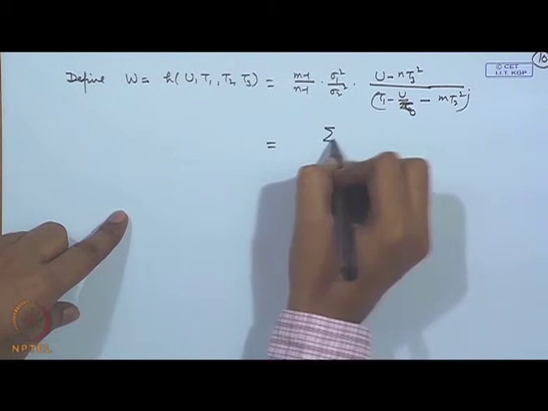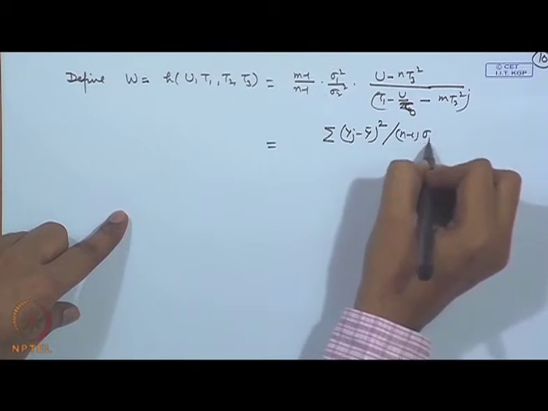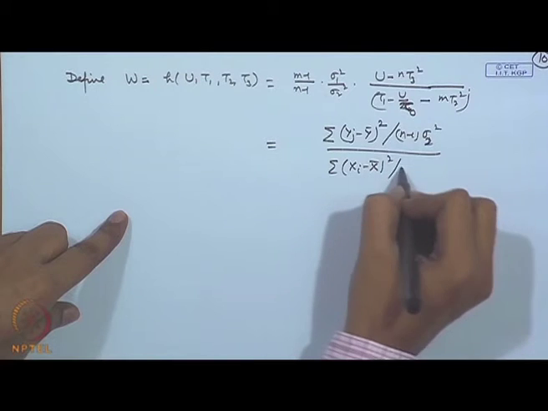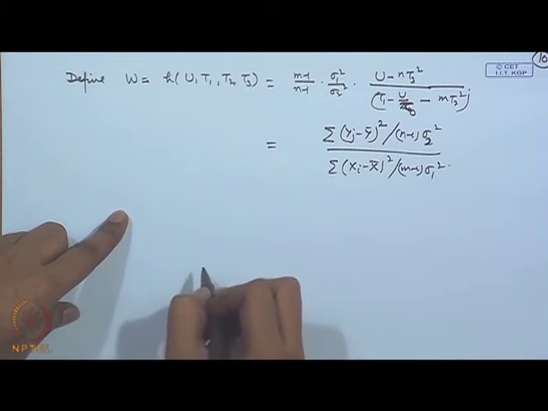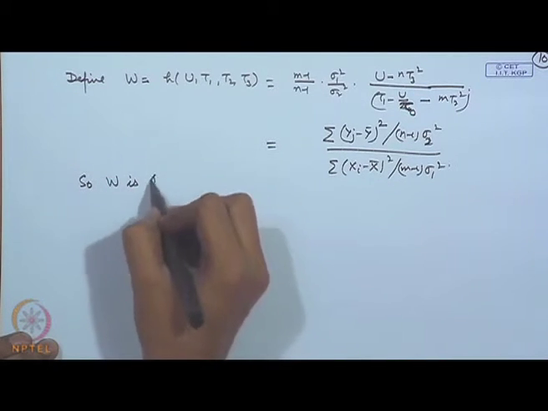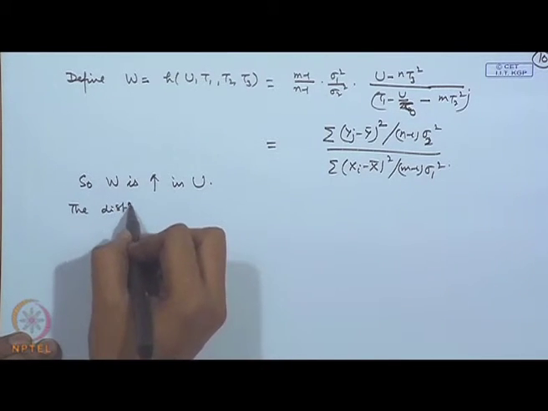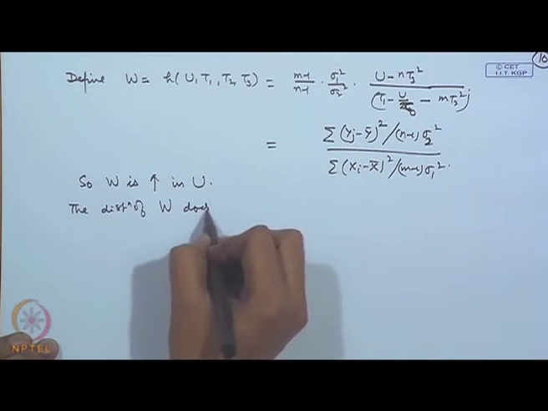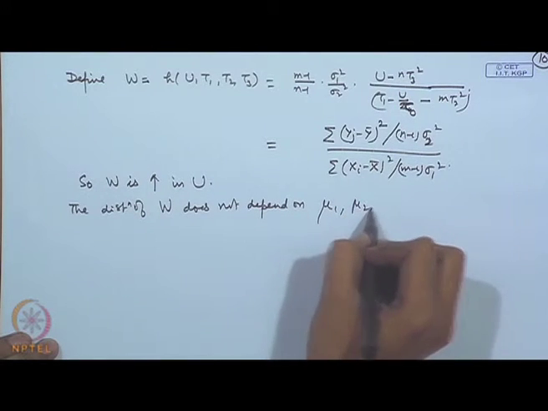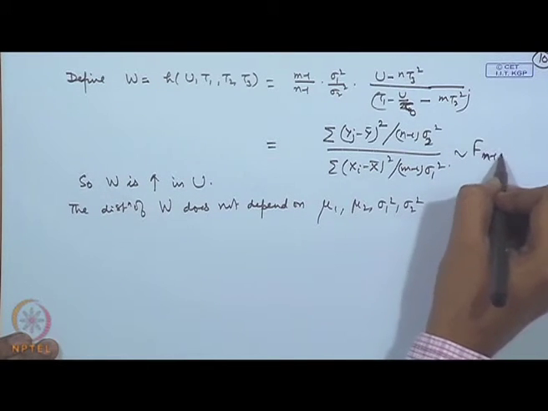It is actually equal to sigma y j minus y bar whole square divided by n minus 1 sigma 2 square, divided by sigma x i minus x bar whole square divided by m minus 1 sigma 1 square. So, w is increasing in u, and the distribution of w does not depend on mu 1, mu 2, sigma 1 square, sigma 2 square. Actually, this is an F distribution on n minus 1, m minus 1 degrees of freedom.